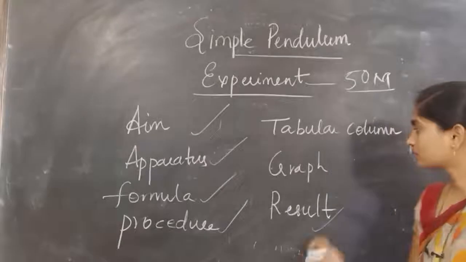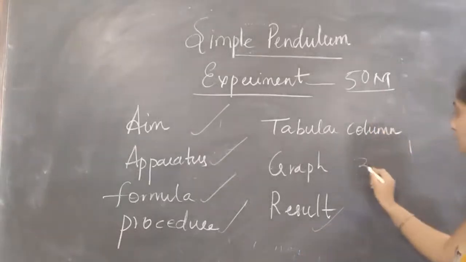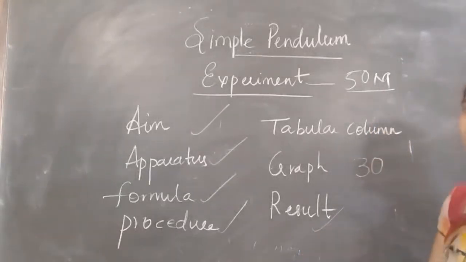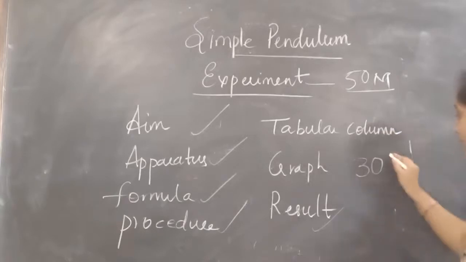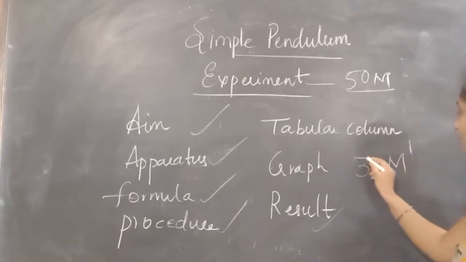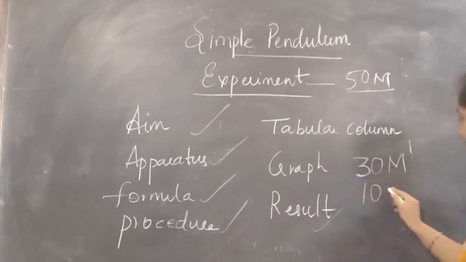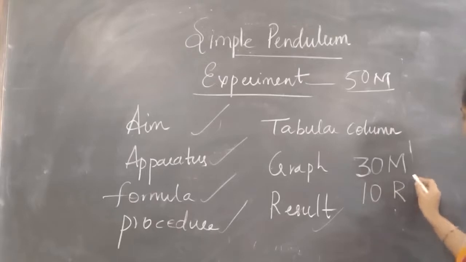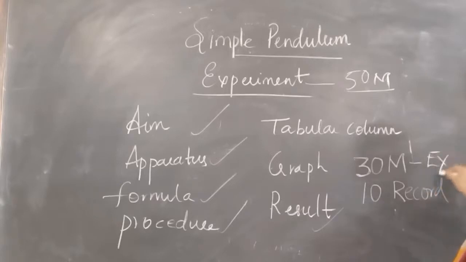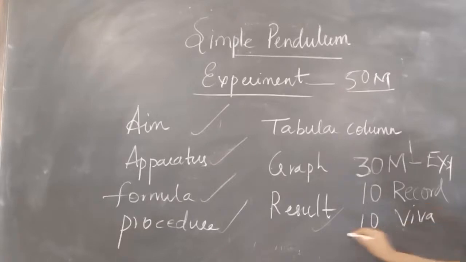Now in this 50 marks, the experiment is for 30 marks. 10 marks is for the record, and this is for the experiment you perform in the exam. One more 10 marks is for viva.